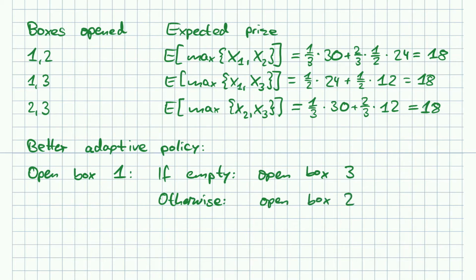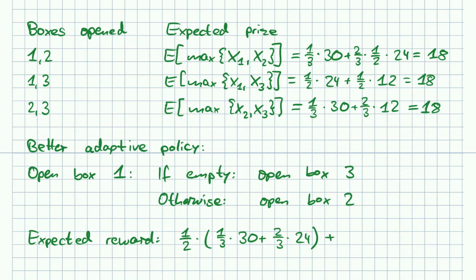And what's the expected reward? Well, with probability a half, we are in the first case, so in this case, the box is not empty. So then what will happen is that with probability a third, we're taking home 30, and with probability 2/3, we're taking home 24.